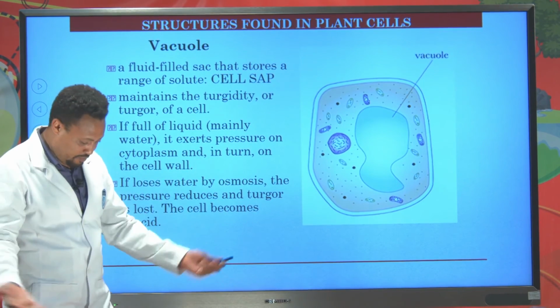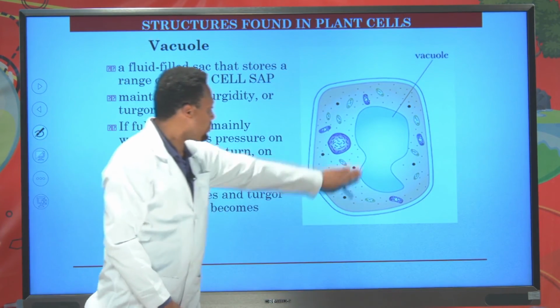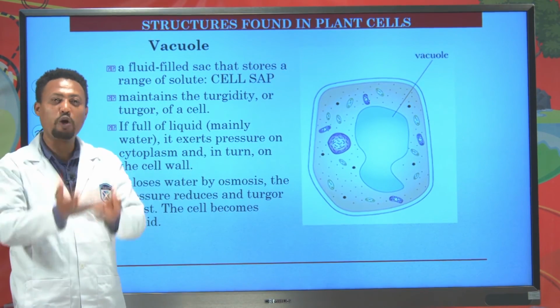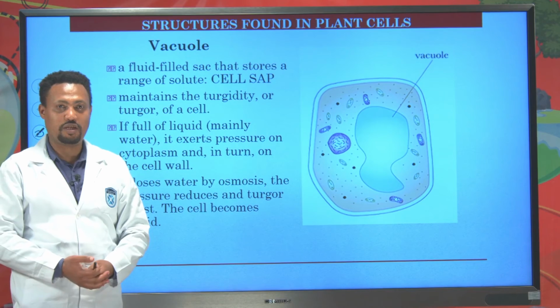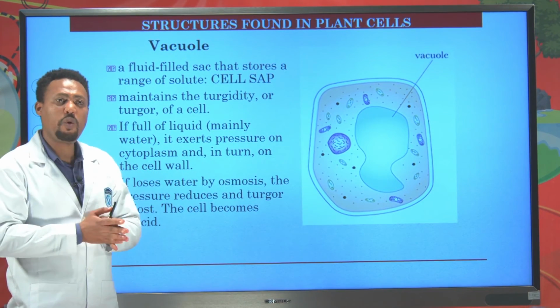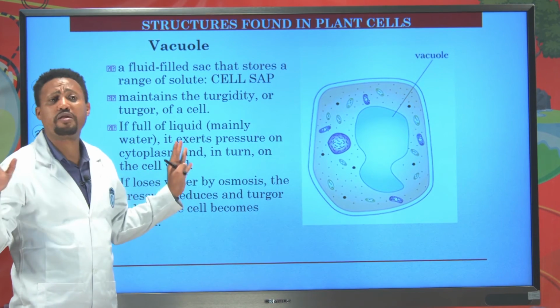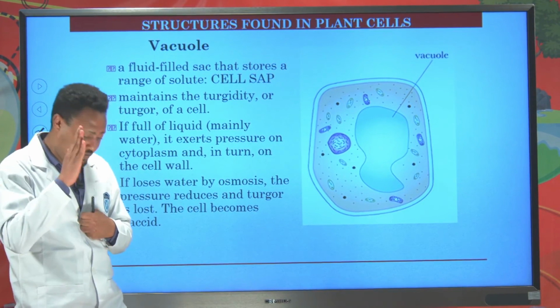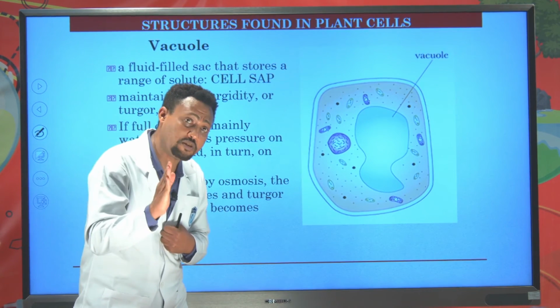Vacuole, very common, large, at the center, stores a large amount of cell solute called cell sap. It has a mixture of many salts, food, and even waste products. It helps plants, by the way. Vacuole helps plants because it is very important for their turgidity.